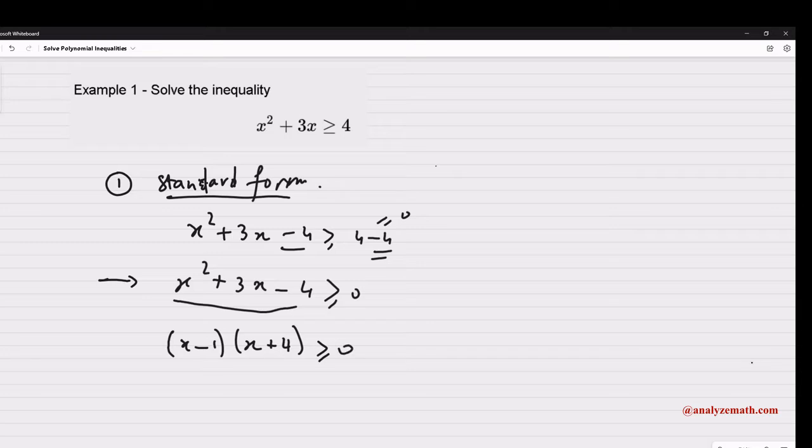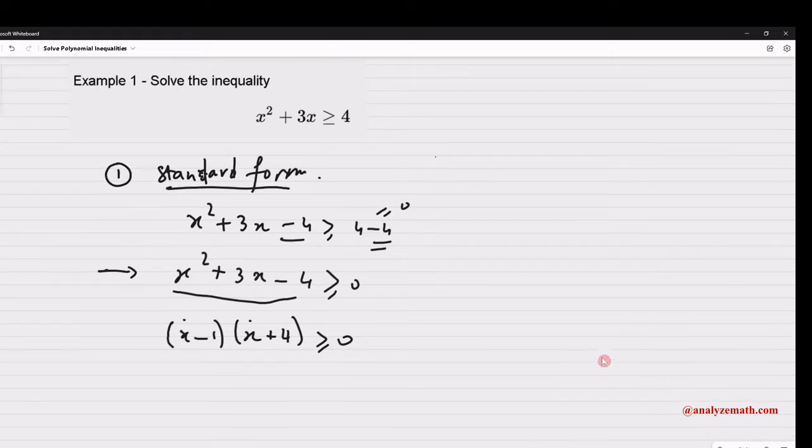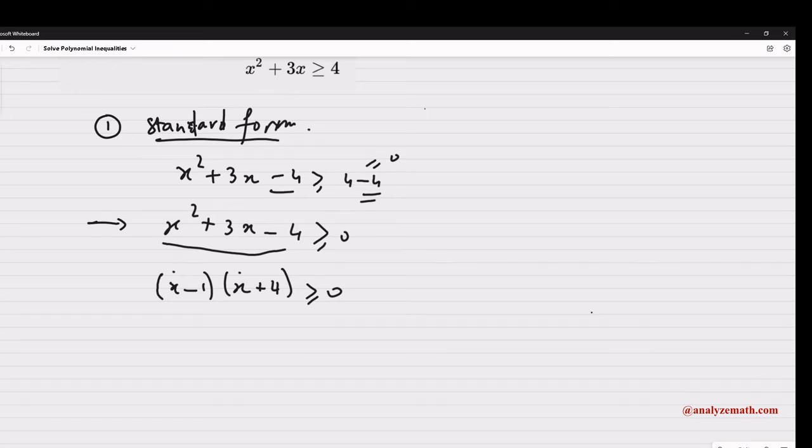Now let's check very quickly. x by x gives me my x², and then I have 4x, x by 4, 4x, and then minus x, that gives me my 3x, and then the minus 4. Good. So the first step is standard form. The second step is factoring. You have to factor the expression on the left side.